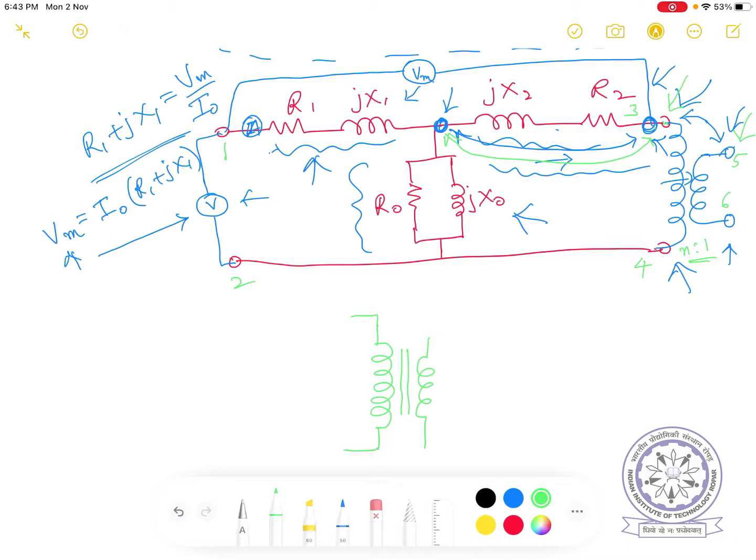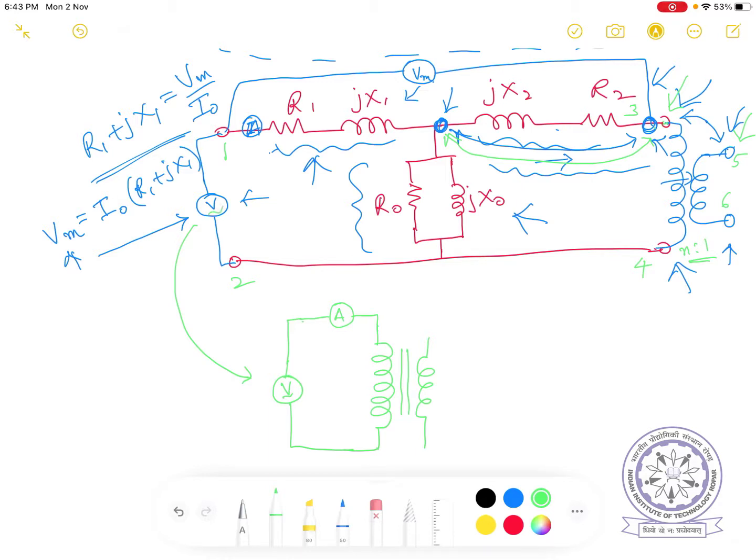Here the ammeter is to be connected here, and then the voltage source is connected here, V AC.